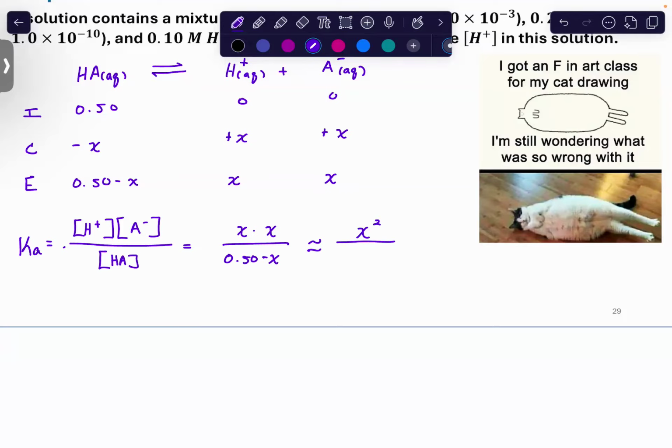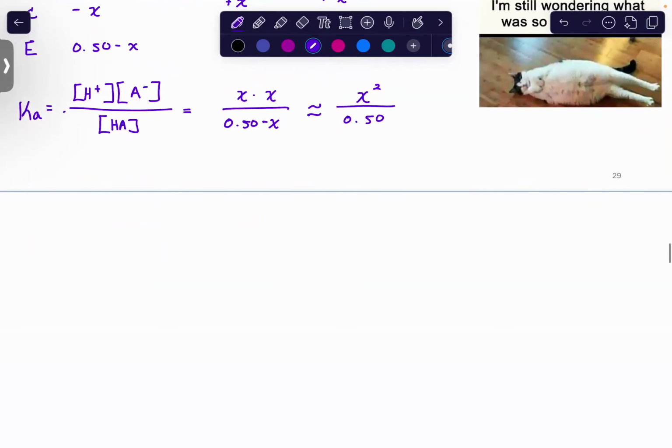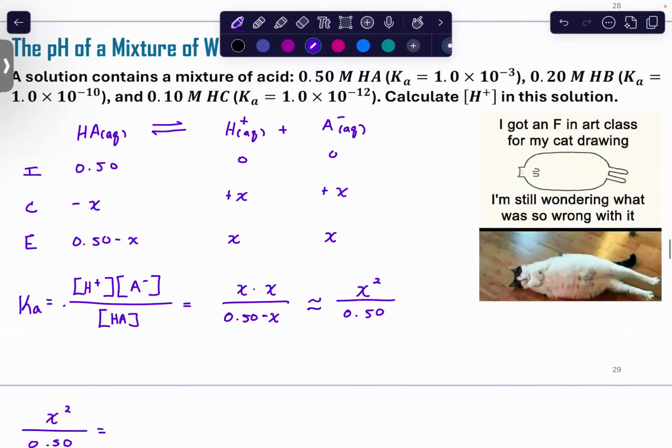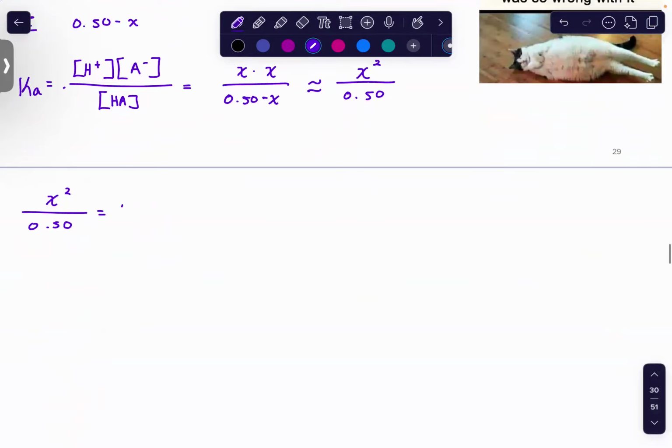Okay, so our assumption is this is going to equal about x squared over 0.5, because we're going to assume that minus x is not going to decrease the concentration of our original acid in any real noticeable way. It's 1.0 times 10 to the negative third.